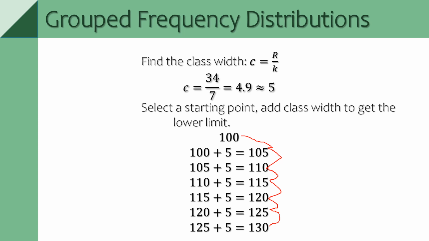Kasi minsan, kapag di natin alam yung number of classes natin, susobra na tayo sa number of classes natin kung saan hindi naman applicable at hindi nakasama sa range natin.